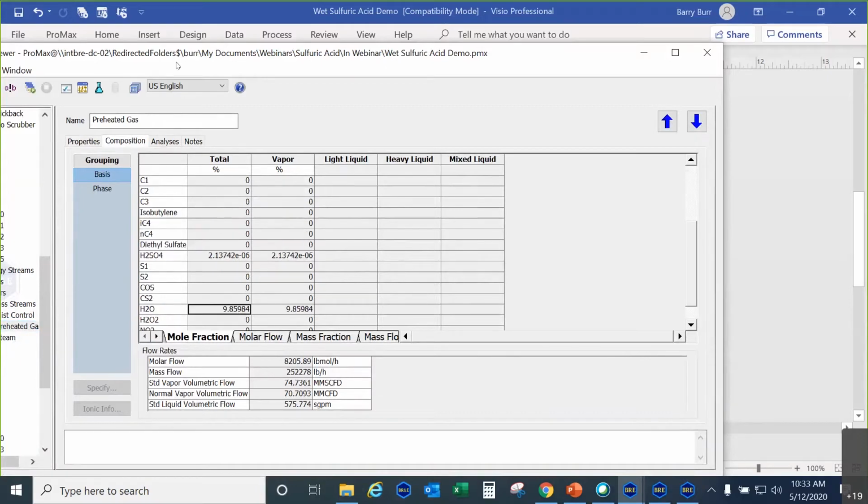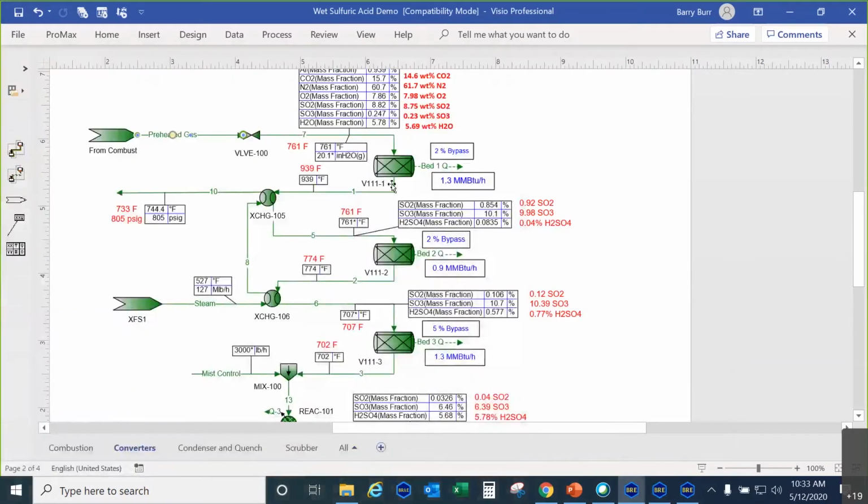So this catalyst doesn't require a water-free or anhydrous feedstock. This catalyst can perform both the SO2 oxidation to SO3, and it can also simultaneously perform the SO3 hydrolysis to sulfuric acid.